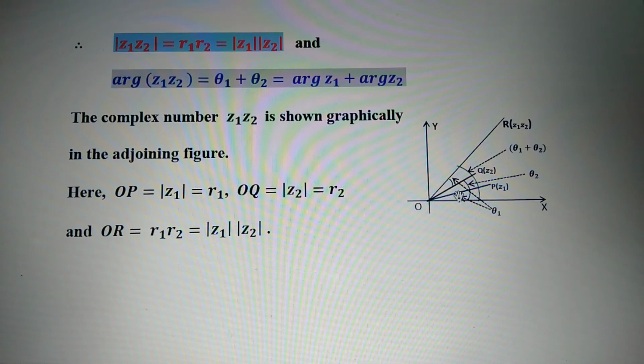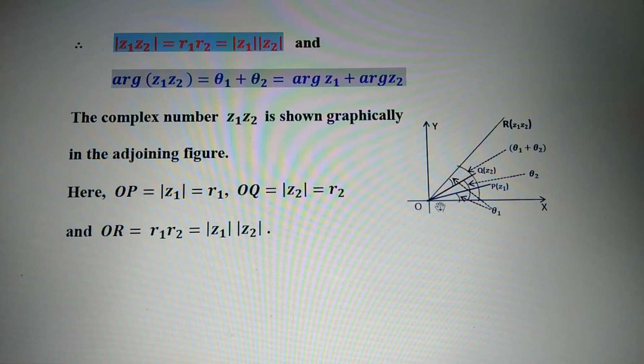This angle is theta 1. And the argument of z2 is theta 2, so the angle made by this OQ with the x-axis, that angle is theta 2.